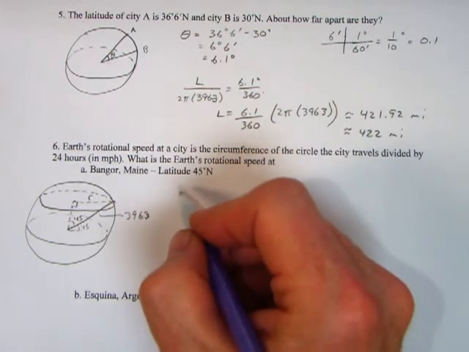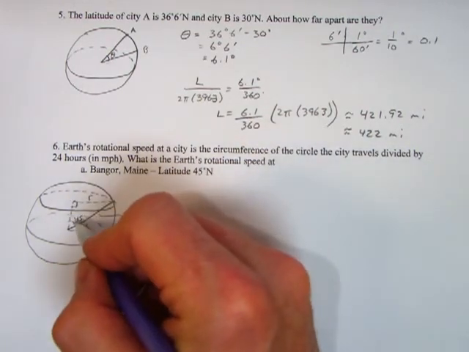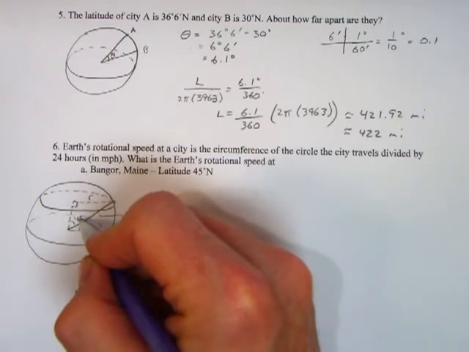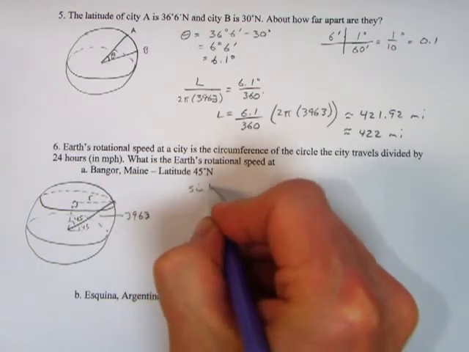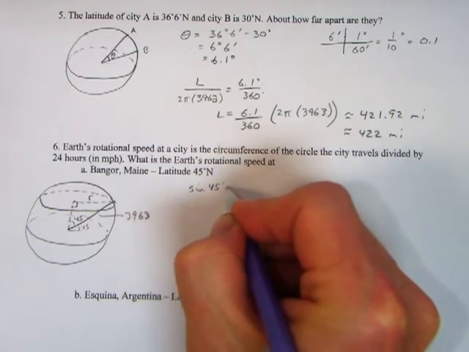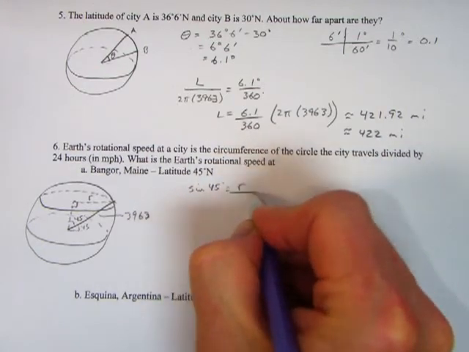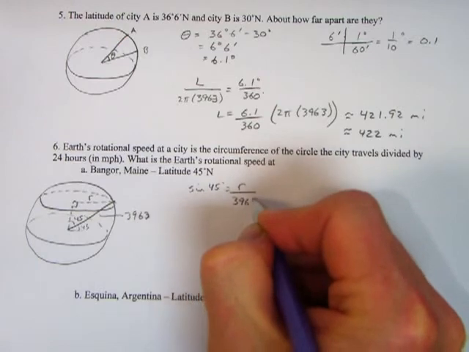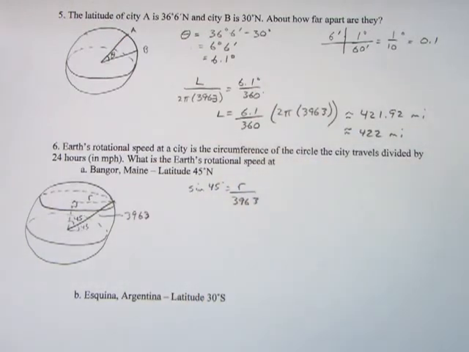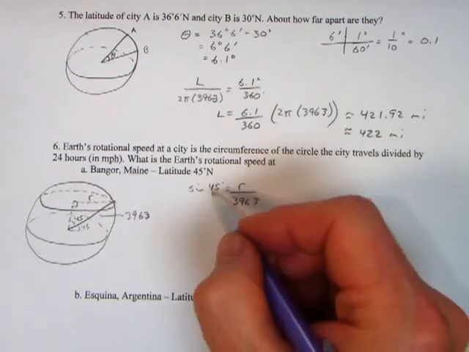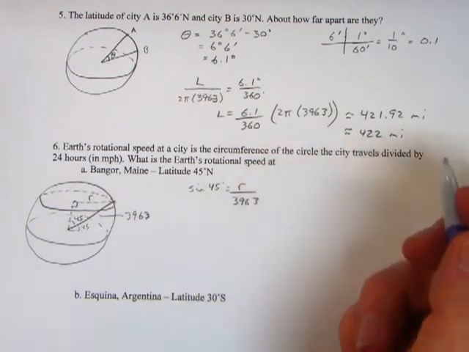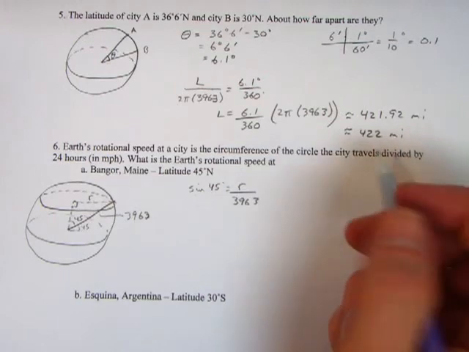So what can I say here? Dealing with this angle and the R, I can say the sine of 45 degrees equals the opposite over 3963. This is one way to do it, and I want to show it because it's a little bit more general, but given that it's a 45, we could use the special right triangle ideas.